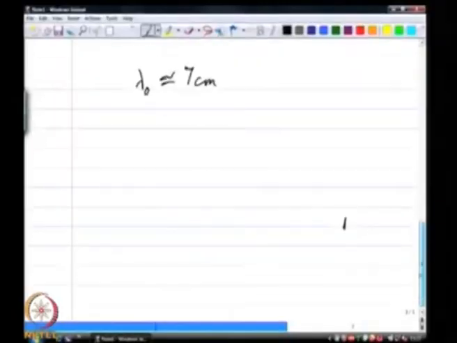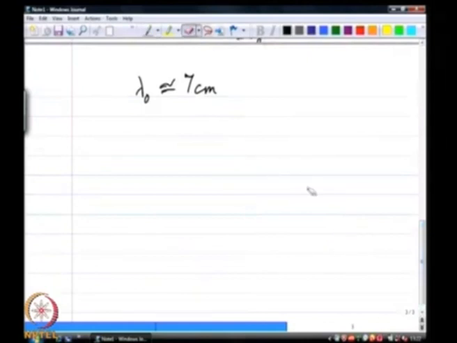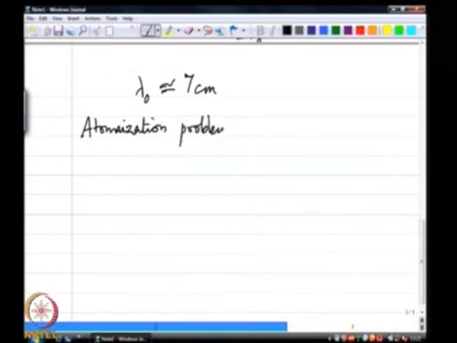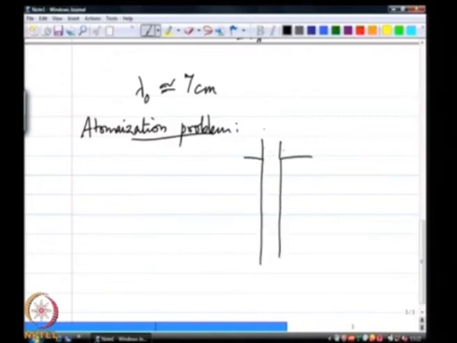So, if I take the first instance of an atomization problem, if I take a cylindrical jet ensuing out of a nozzle of radius r, I am going to assume, so this is now the case of an axisymmetric flow.